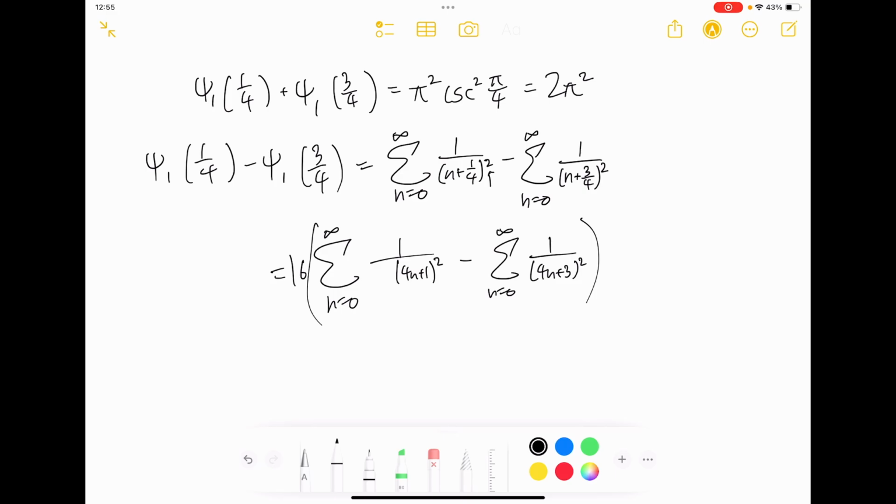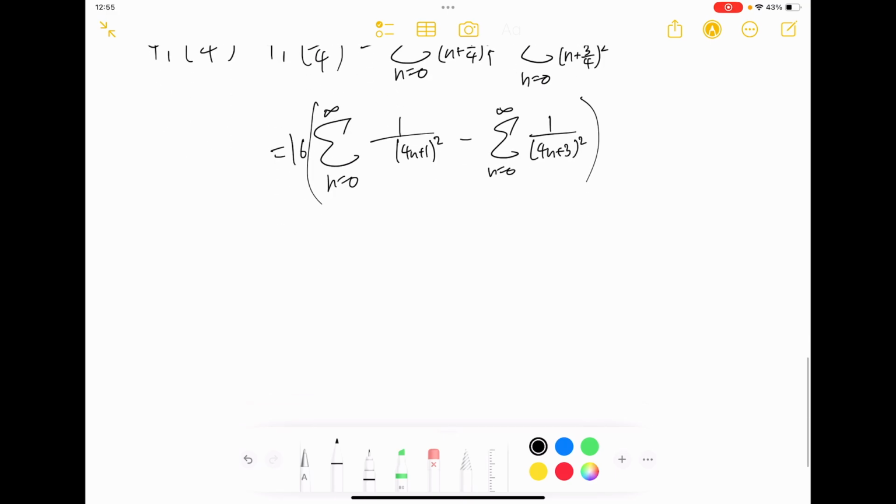multiplying the entire thing. And if you just notice that this is 4n plus 1 and this is 4n plus 3, that means these are the terms that are 1 mod 4. These are the terms that are 3 mod 4. And the 3 mod 4s are subtracted off instead of added.